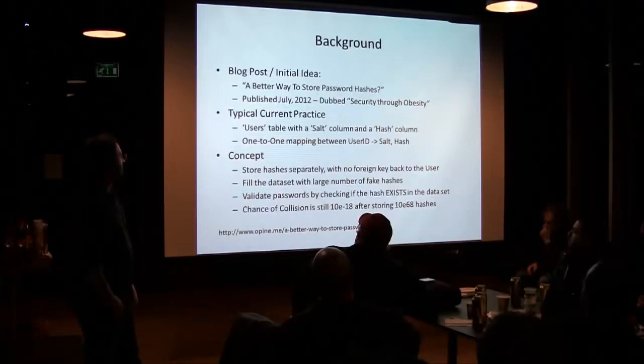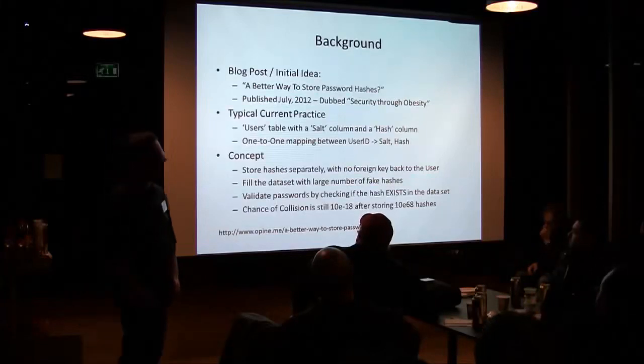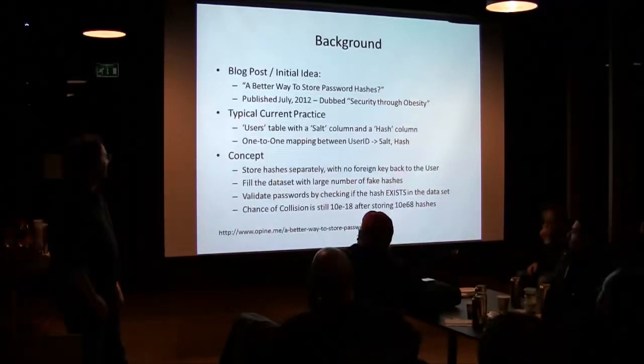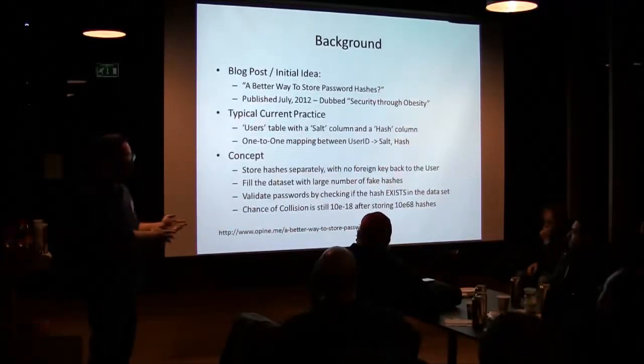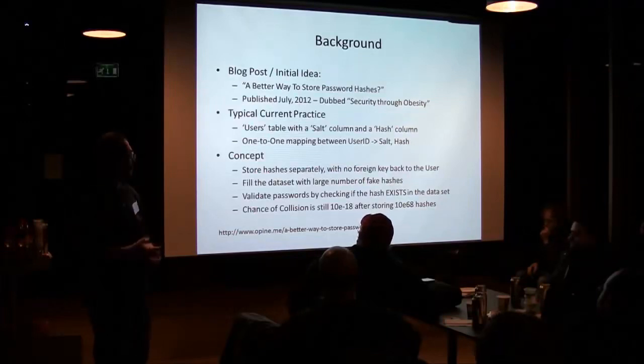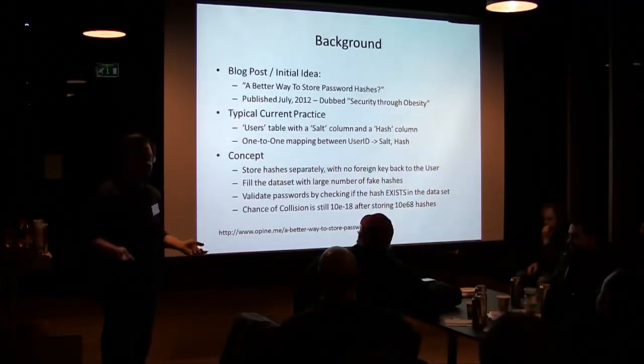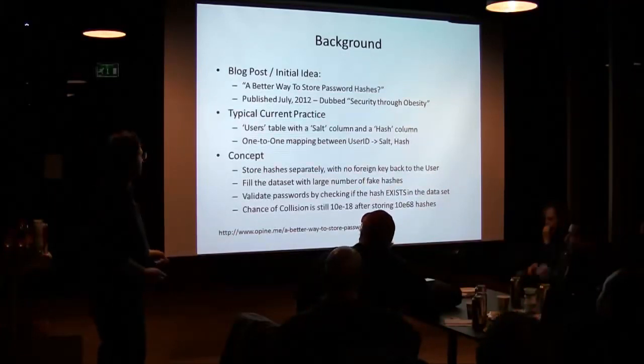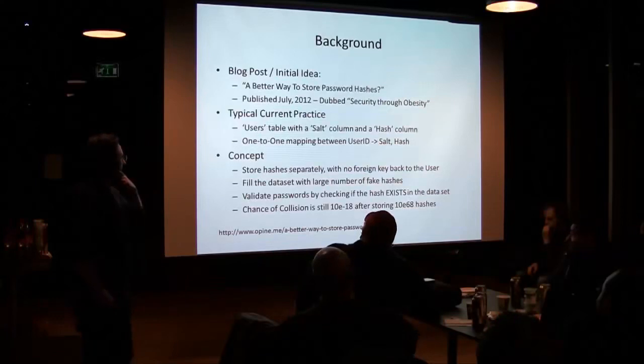I put this out in July, and very quickly on Reddit, somebody dubbed this security through obesity, if you've heard of that. Typically, the current practice is you'll have a user table, and you'll either have a salt column and a hash column, or a column with the salt and hash in. And there's a one-to-one relationship between the salt, the hash, and the user. So my concept was, well, why do we need this?